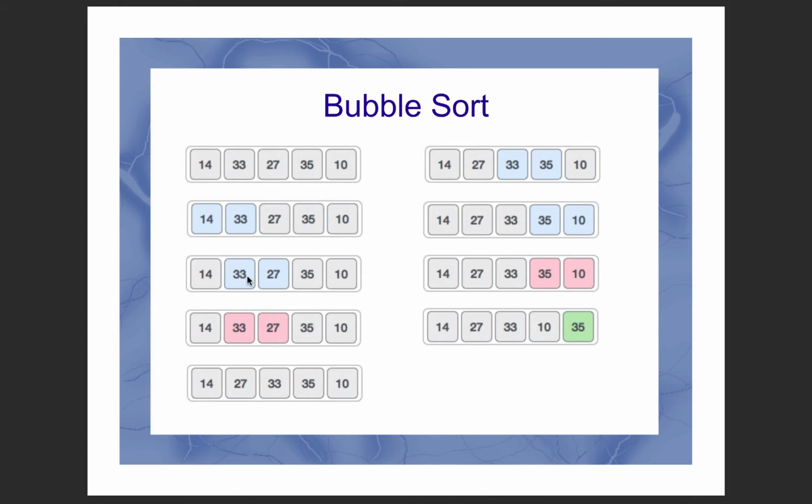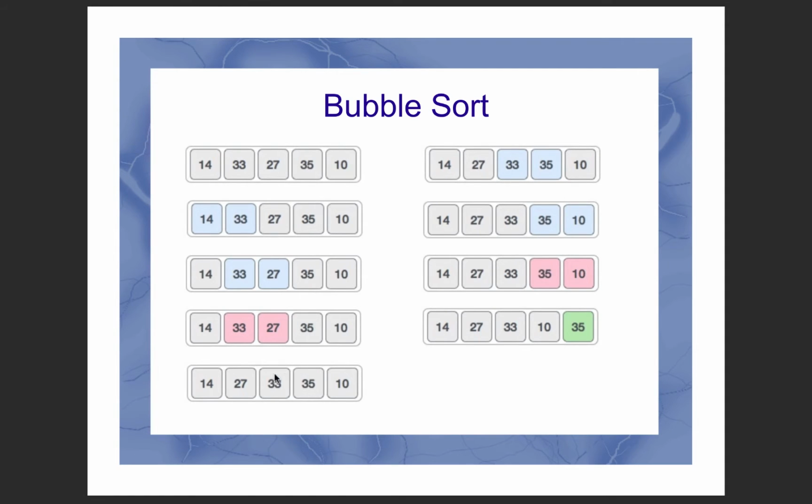Now it checks 33 and 27. Since 33 is larger than 27, they are not in order, so bubble sort swaps these numbers. Now 27 is in 33's place and 33 is in 27's place.